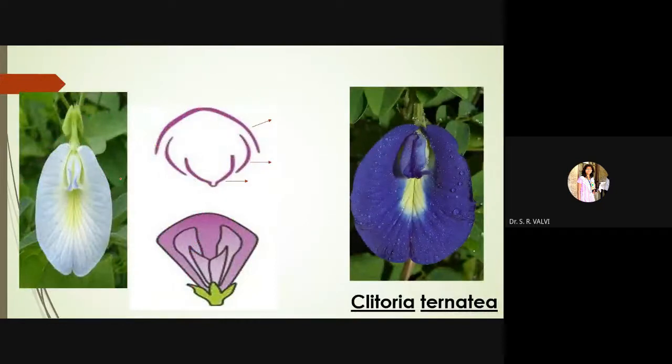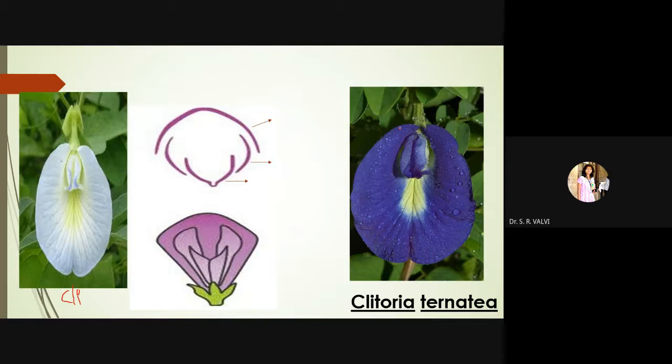Next, the next type of estivation. Here you can see this is a white flower, this is the Clitoria. The common name is Gokarn in Marathi. This is Clitoria ternatea, white variety and purple variety, right?